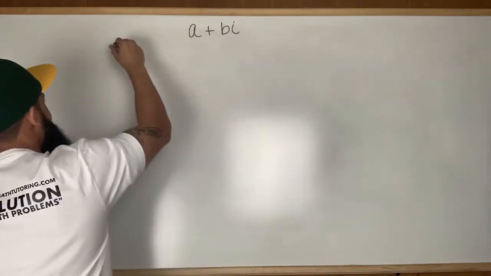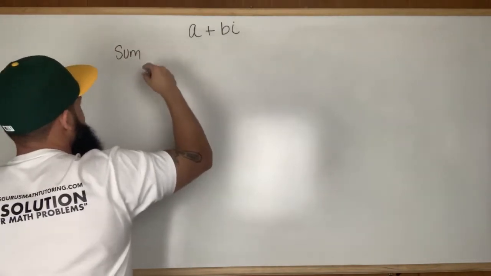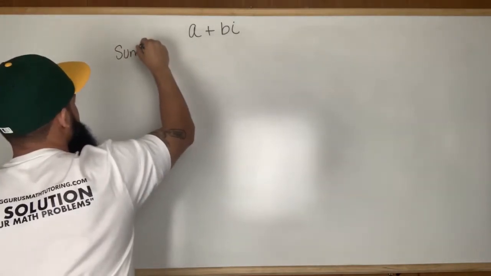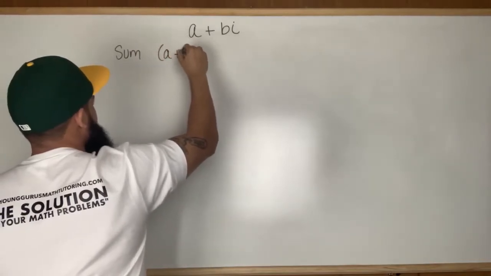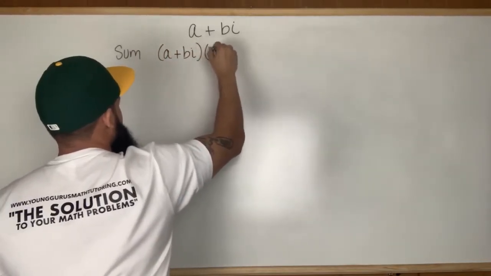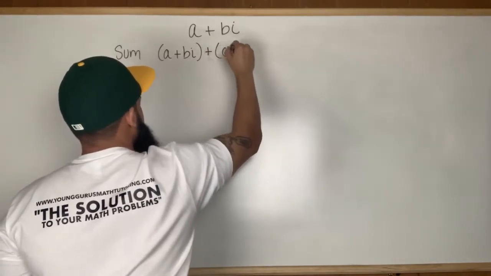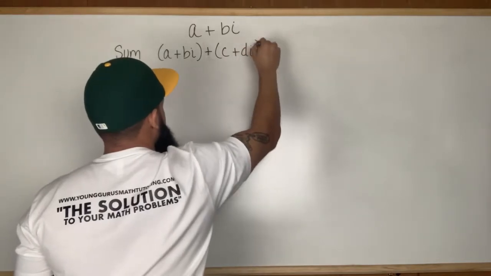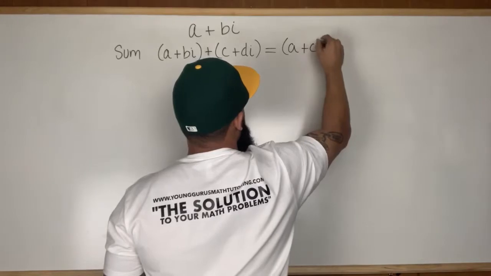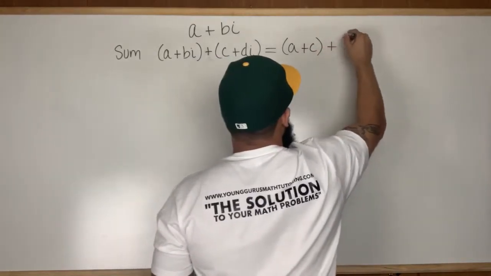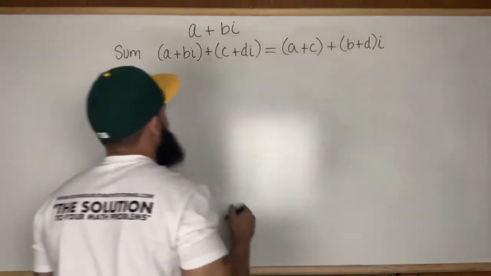And so whenever I have the sum of complex numbers, it looks like this: a plus bi plus c plus di equals a plus c plus b plus d times i.